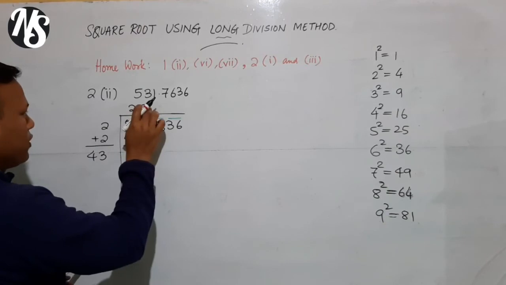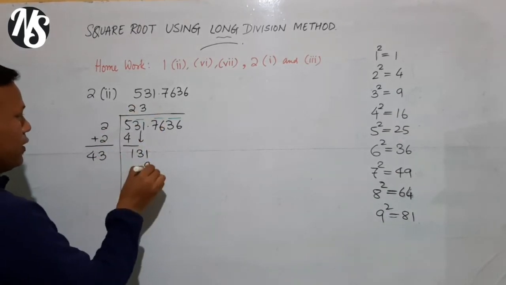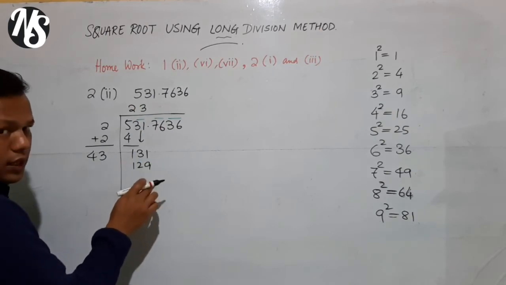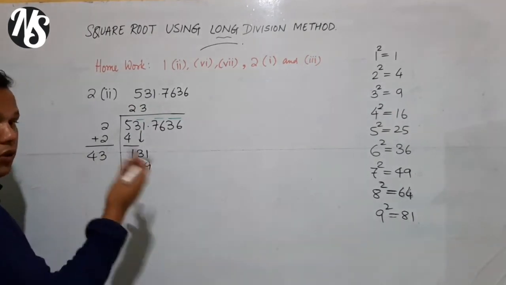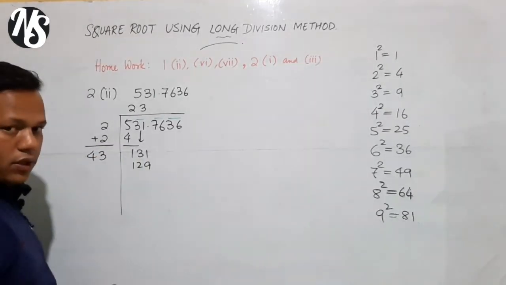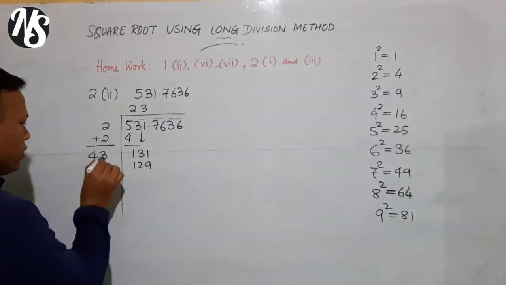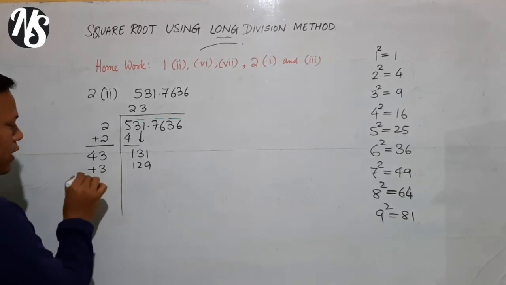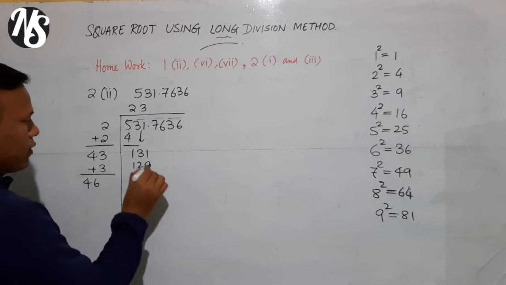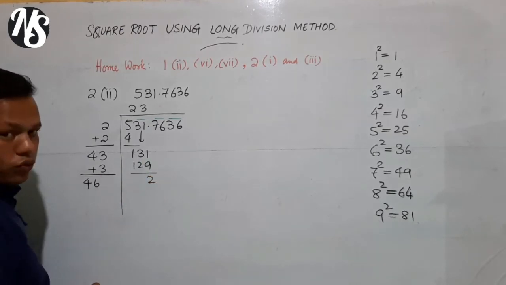So if you write 3, let's see what we get. 3 3s are 9, 3 4s are 12. That means it's quite close, right? If you go beyond 3, if you write 4, it becomes quite large compared to 131. Okay, so if you write 3, we will write 3 here and we'll add them. You get 46. And when you subtract this, you get 2, right?